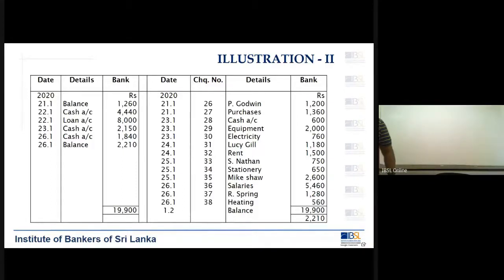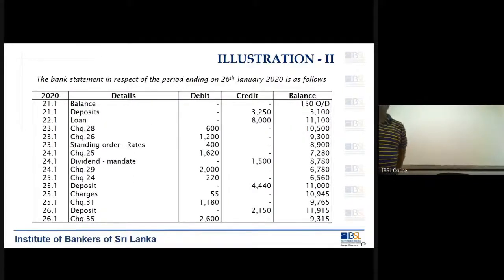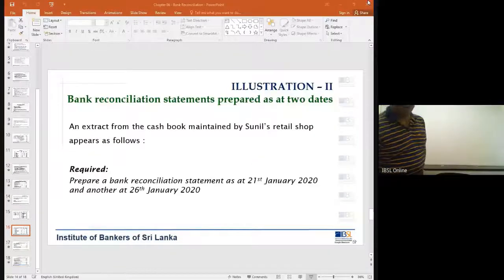Whereas the bank statement balance is not that. It is 150 rupees, and very importantly, you need to note that there are 2 letters which show OD.